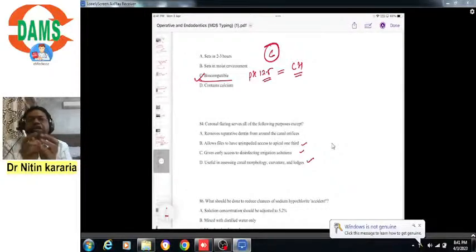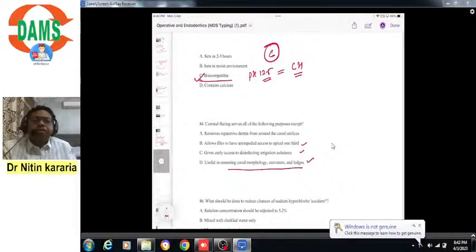And definitely when the coronal orifice is wide, the coronal 1/3 of the canal is wide, using a microscope and illumination, it helps in assessing the canal morphology, curvature and ledges better as compared to a non-prepared canal. So the answer to this question would be option A, that is not the purpose: removing the reparative dentine from around the canal orifice.